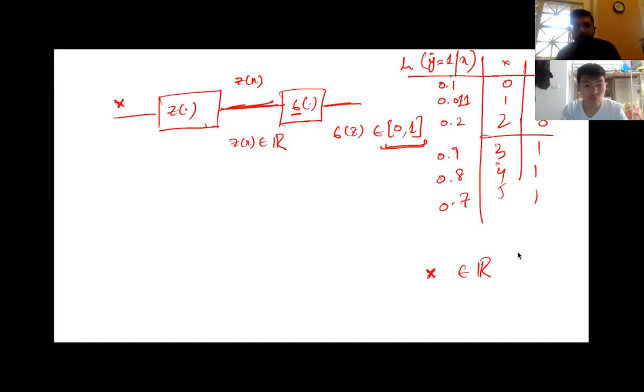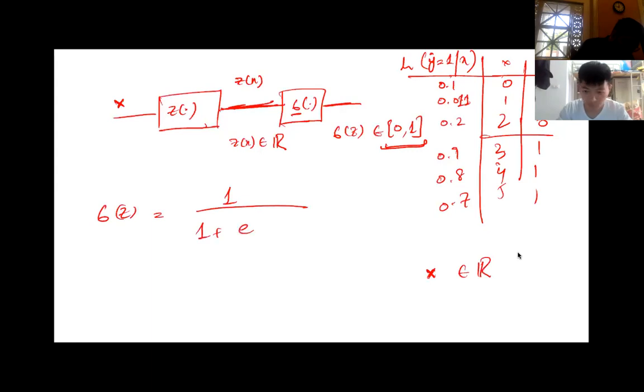So sigmoid can do it for us. Okay, so let's write what a sigmoid is. What's the definition of a sigmoid function? So sigmoid function is defined like this. It's 1 divided by 1 plus exponent minus z. Okay, and we claim that this is bounded between 0 and 1.